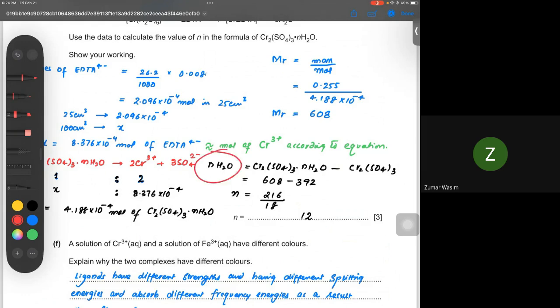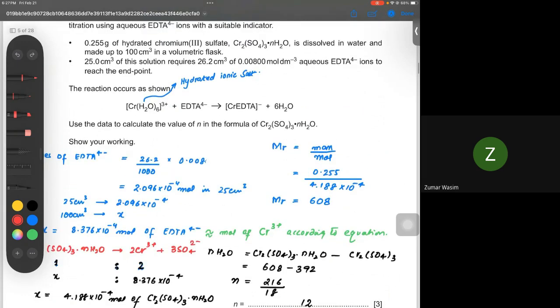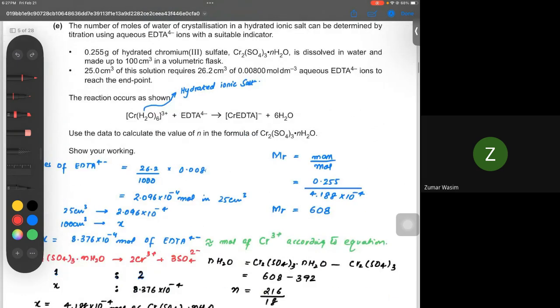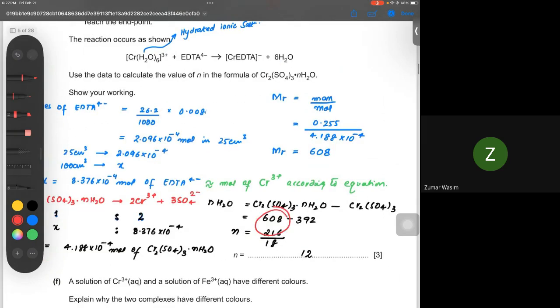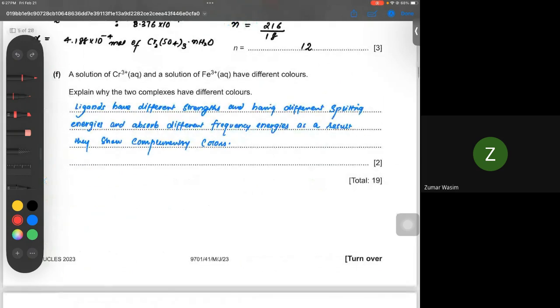Ultimately, I need to find the value of n. The H2O is multiplying over here, so I divide by 18. Then I got 12. So n is equal to 12. If you want to cross check this, put 12 as the value of n and find the molecular formula. If you are getting this, it means that your calculation is correct.